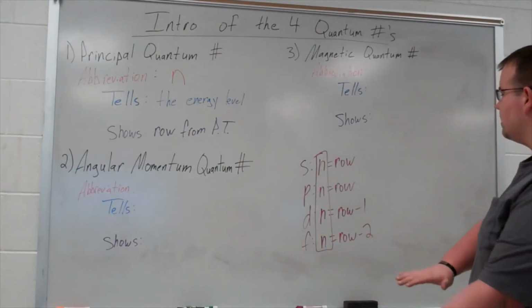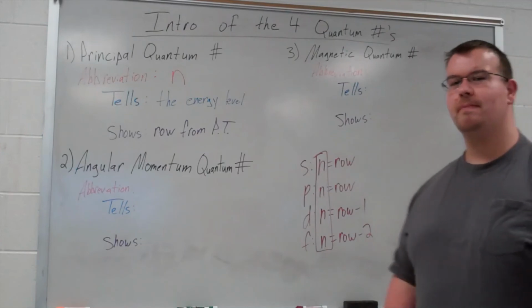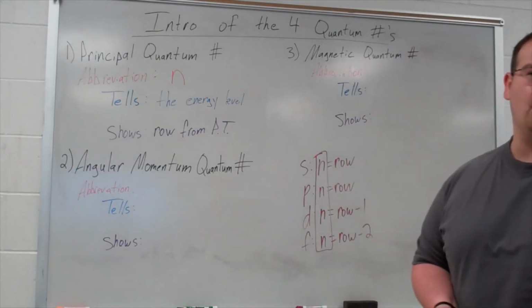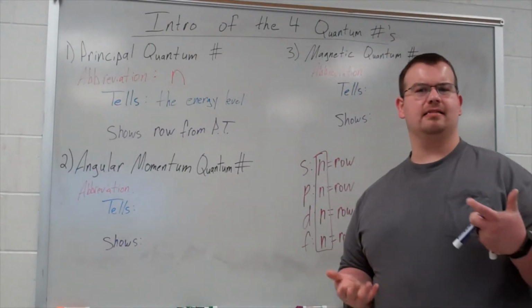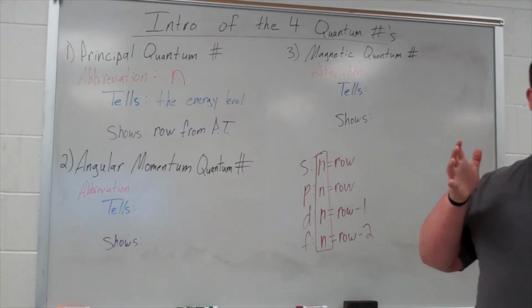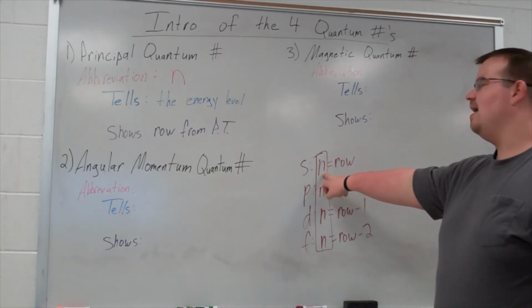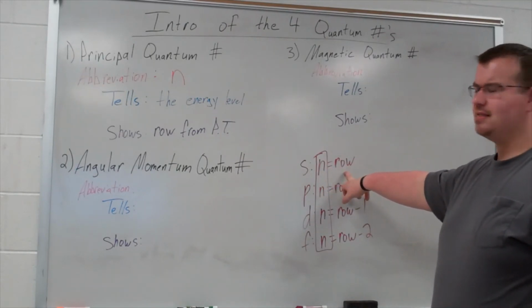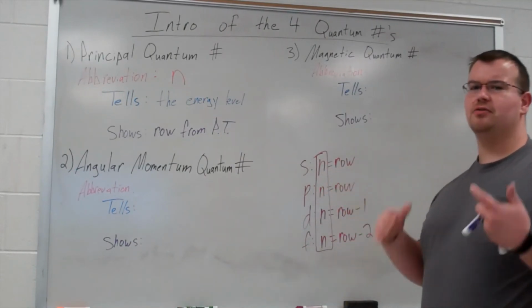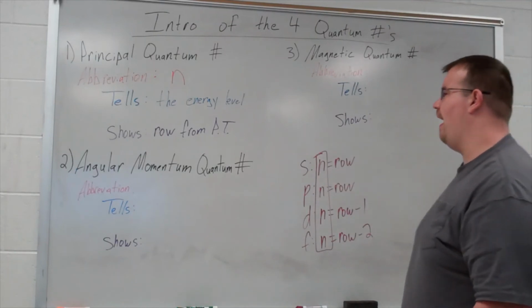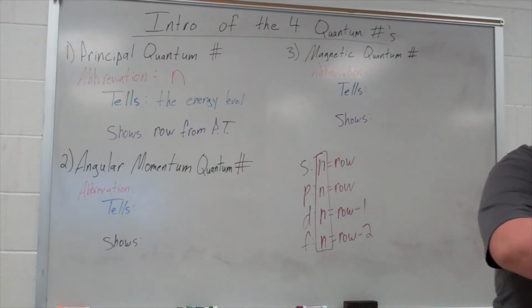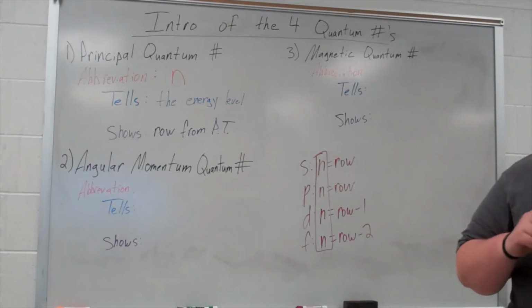Because it works backwards as well. Remember in math, whenever you're looking at an equation, the equal sign means the left is equal to the right. So if I know what n is, then I know what my row is. Now we need some more information, and I'll show you a pattern of how we're going to figure that out. But this is what we're looking at.